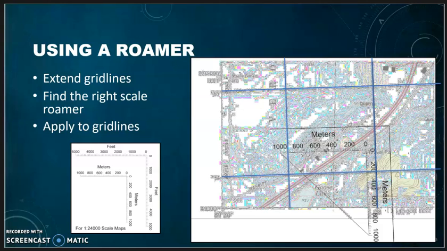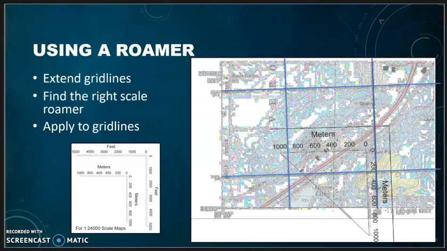Okay, so when we use a roamer, it can be super helpful to make sure that we're consistent in the distance between our grid lines. There are roamers that are divided into meters, and there are roamers that are divided into feet, so you want to make sure that you're choosing the correct one.